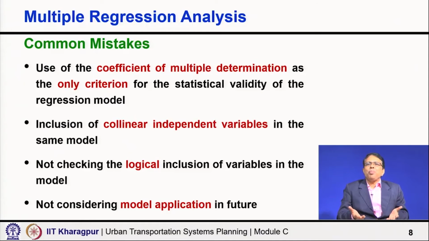If by including more variables you get a superior model, which is likely to happen in most cases, then please use more variables, because we want to use a better model.